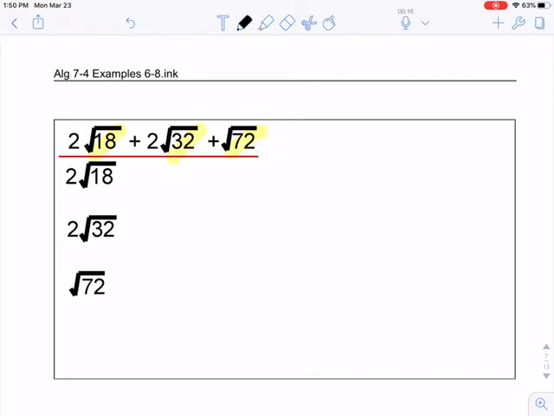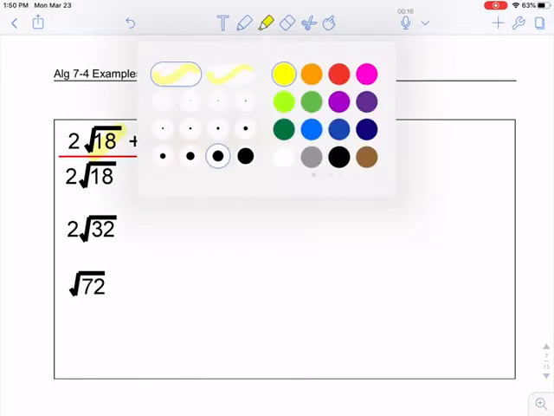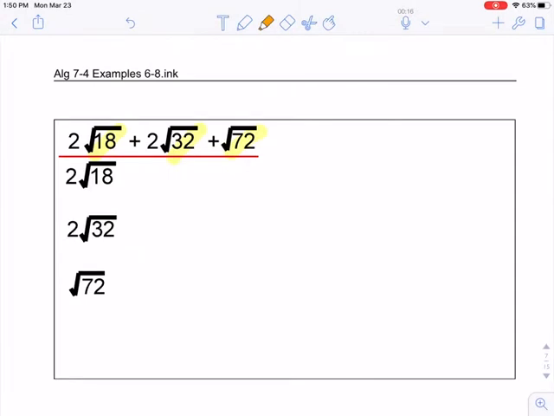All right, so let's start with this. So we're going to do 2 times the square root of 18 first. Think about what's the largest square number we can pull out of 18. Well, I know I can pull 9 out of it. I can go 9 times 2.